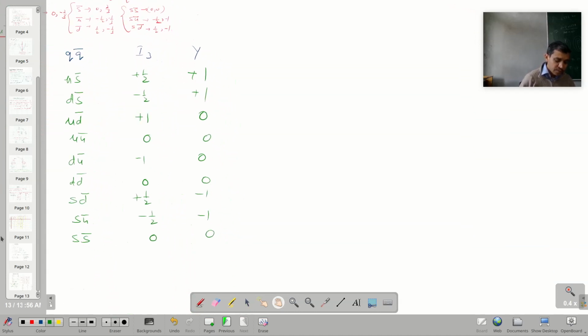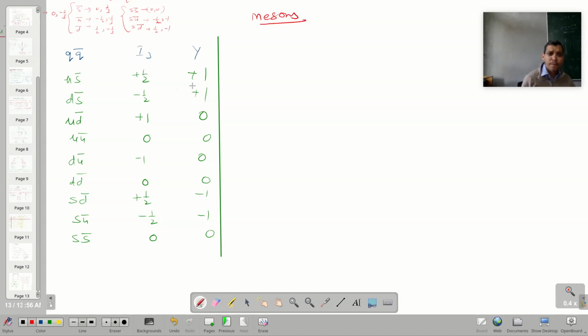Then let us now recall the mesons. So for mesons, I have to proceed as follows.